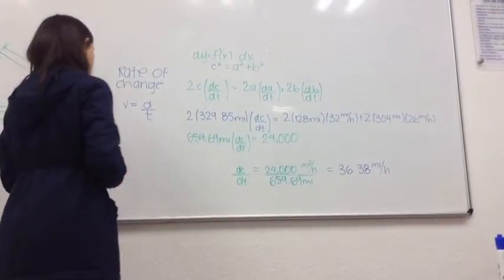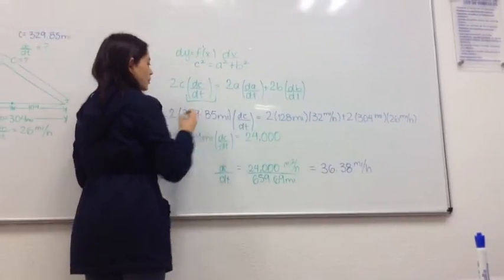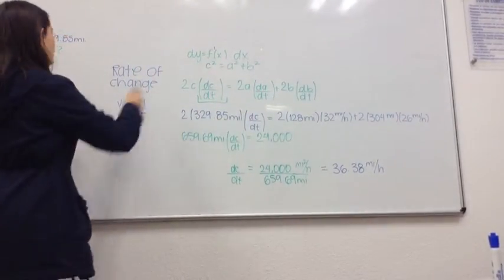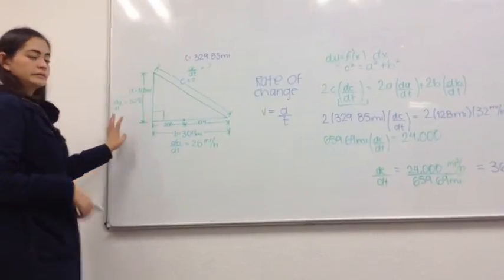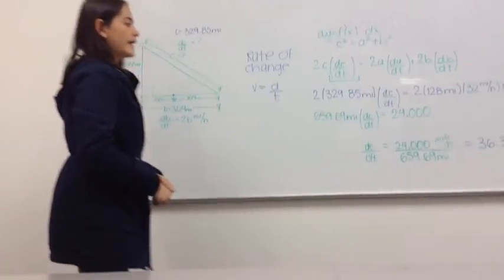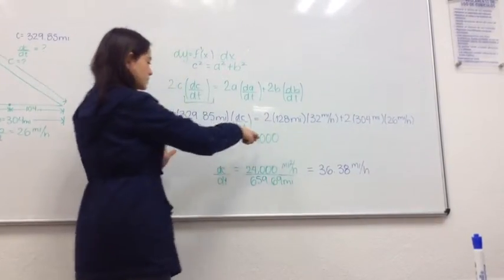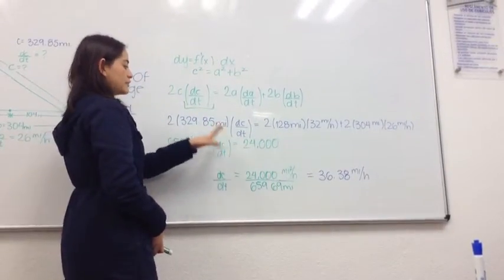And then we have all the values except this one. So we substitute it with the values that we have in our chart, and we solve it, and we have this result. But we still have this one that we don't know.